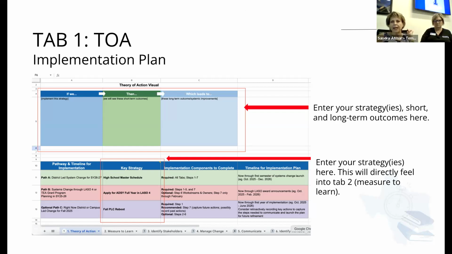Okay, I got to get my cursor to catch up with me. So on the theory of action, this is a small thing, but it's driving me crazy. It doesn't wrap. When I'm typing in the "if we, then, which leads to," it doesn't wrap, and I can't get it to wrap. Got it. Look, here's the wrap text up there. Yeah, do the wrap text. This is the one that there's no wrap text on. Oh, I see.